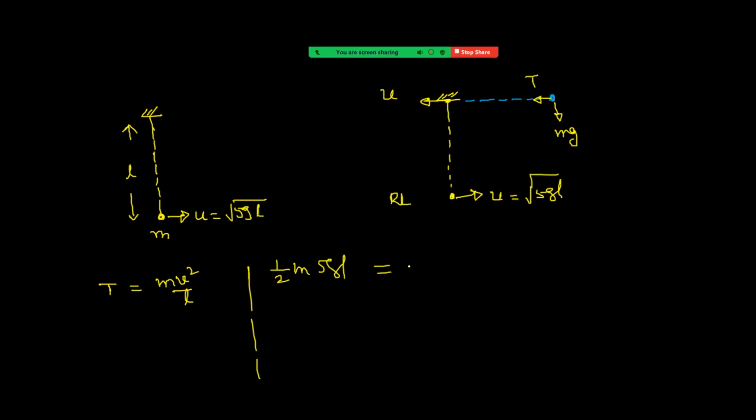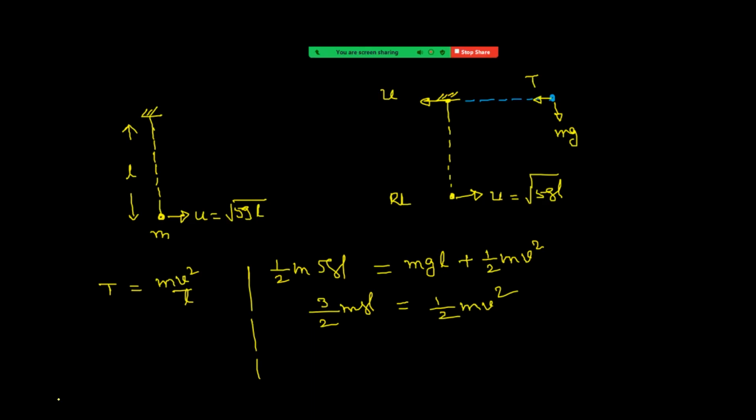Now potential energy will be mgh, h equals L. String horizontal means this is at a height L, so mgL plus half mv square. So we want mv square. See what we get: 5 by 2 minus 1, 3 by 2. 3 by 2 mgL equals half mv square.